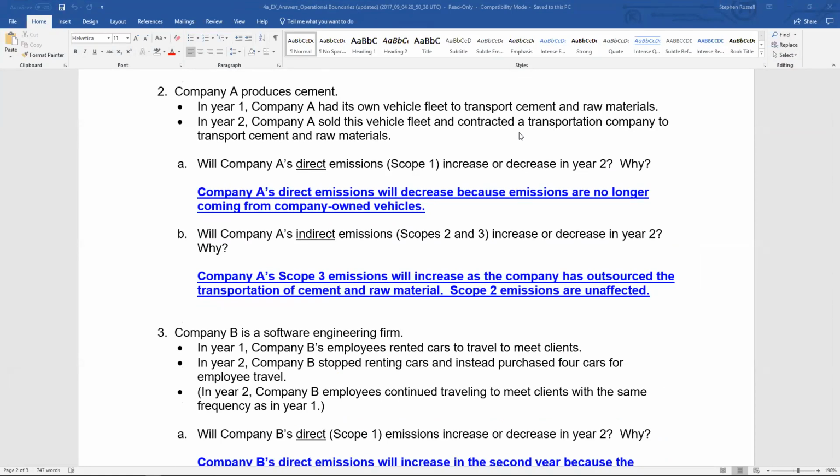Here the company produces cement. In year 1, the company had its own vehicle fleet, and in year 2, the company sold that fleet and instead contracted a transportation company.